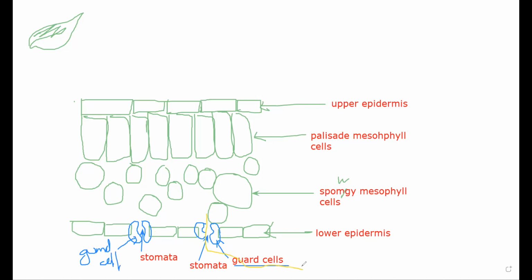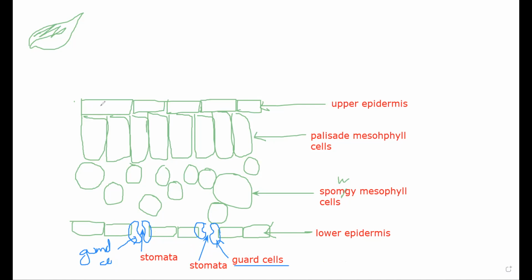Just like we exhale, we breathe out carbon dioxide, here oxygen comes out. And then what is the gas which goes into it? It is carbon dioxide. Okay, clear? So from these holes, we will have carbon dioxide going in and oxygen coming out.